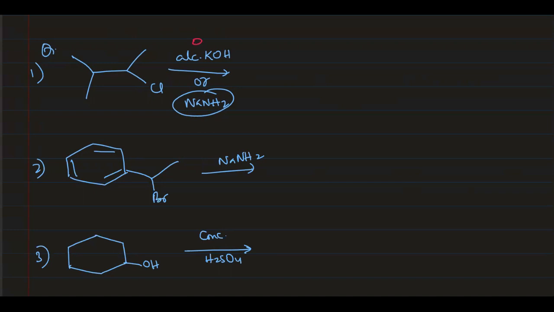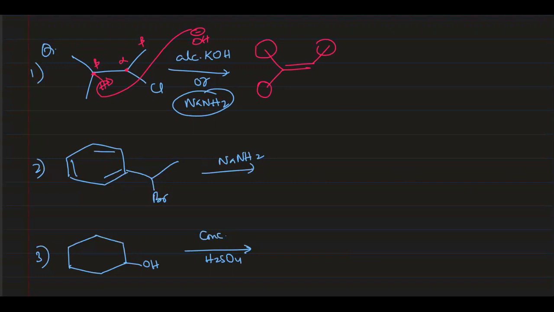Now you see here OH minus has to attack beta hydrogen. Now this is alpha. There are two beta hydrogens, but we remove this hydrogen. Why we remove this hydrogen is because the double bond formed in this case will be more substituted. That means this will have a higher number of methyl groups attached.